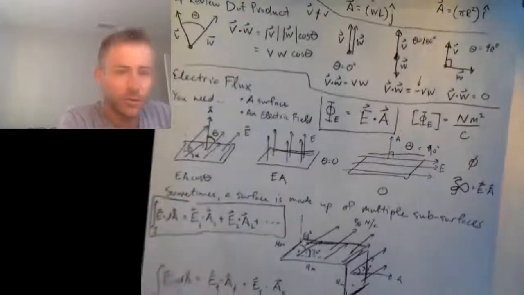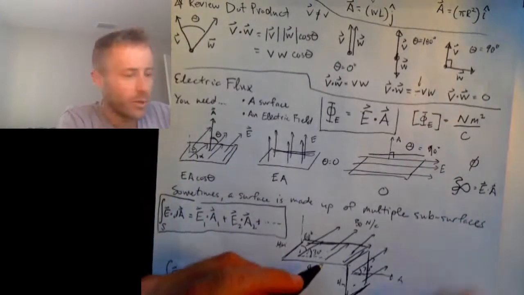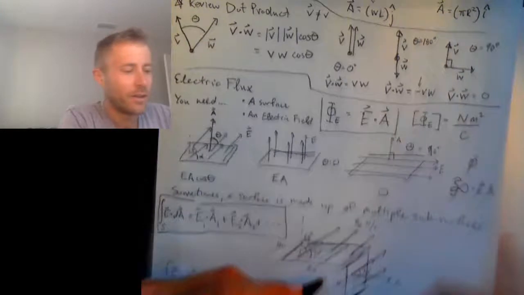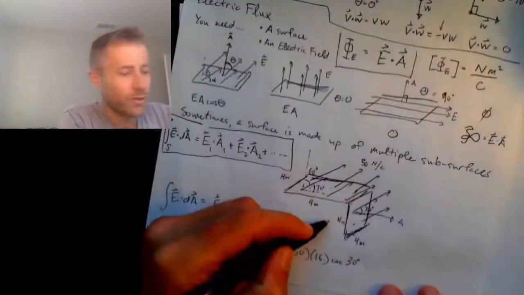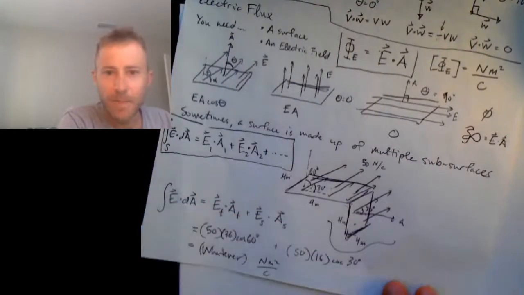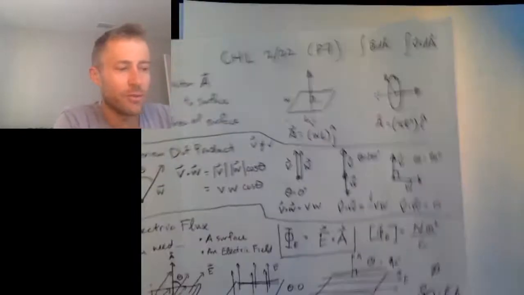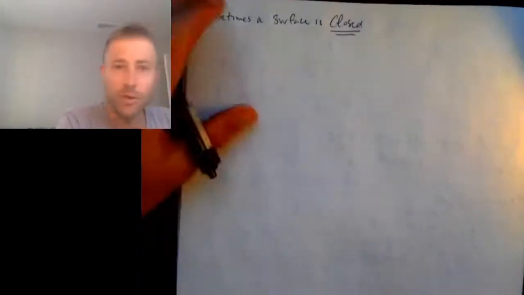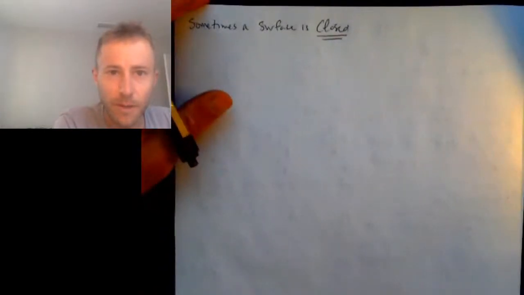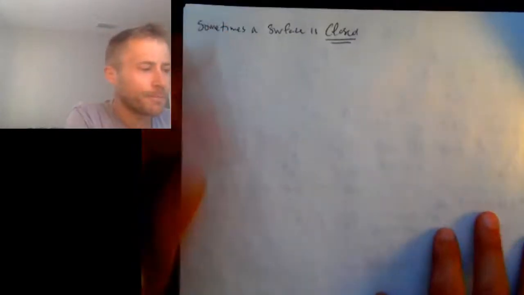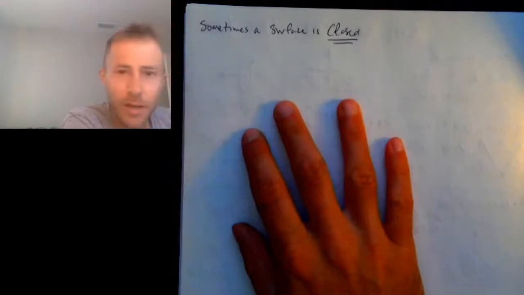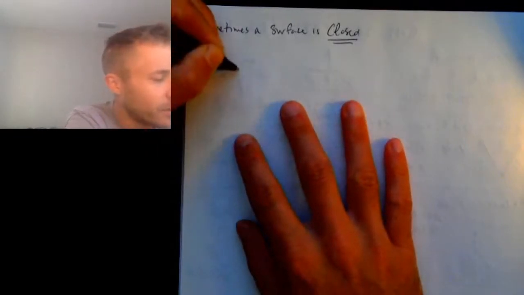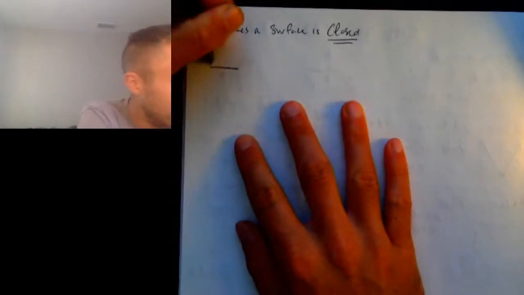This is not a closed surface because if you wanted to go from one side to the other side, you could just go around. These are also not closed surfaces because if you want to go from one side to the other side, you would just go around. But there are closed surfaces. An example might be a cube.